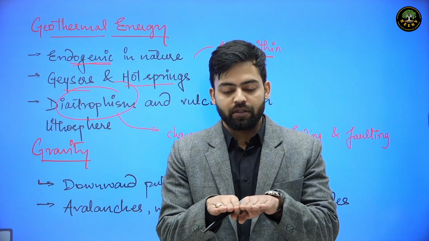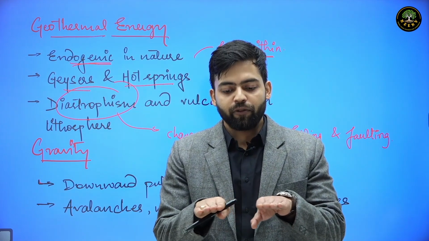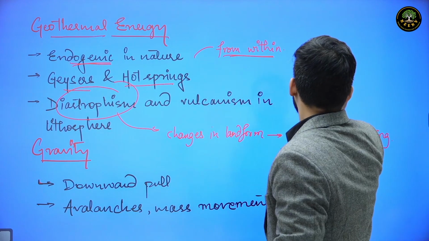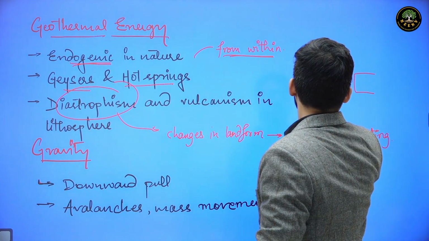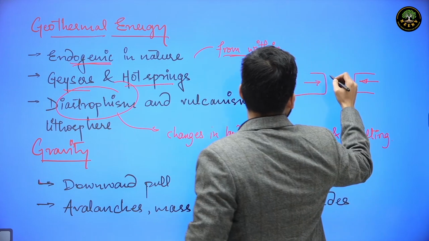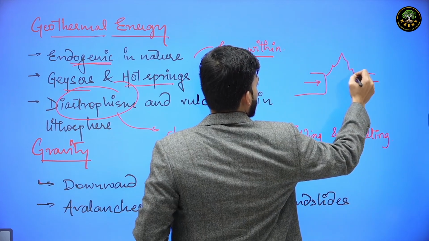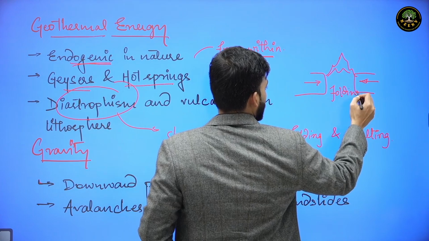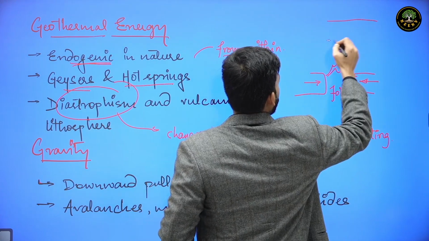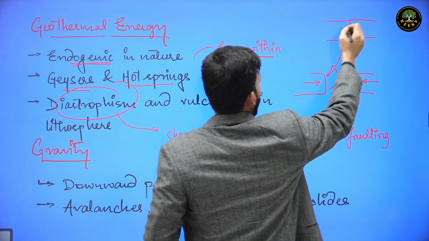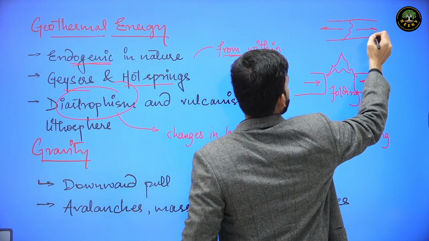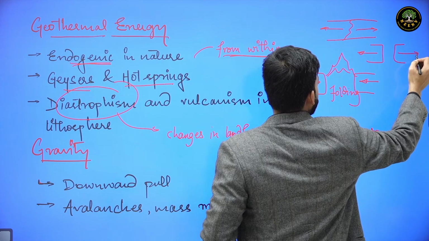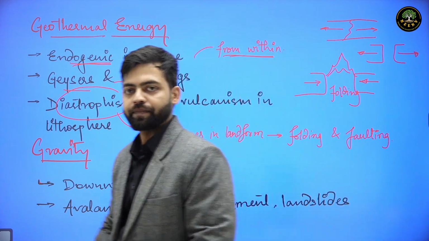Whereas, suppose this is again a plate, and it moves away or drifts apart, it is known as faulting. So, when plates, because of compressional force, come towards each other, that is known as folding. Whereas when a plate cracks because of tensional force and moves away, this gives rise to faulting.